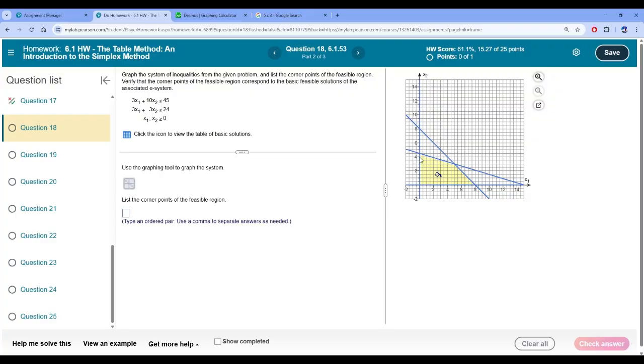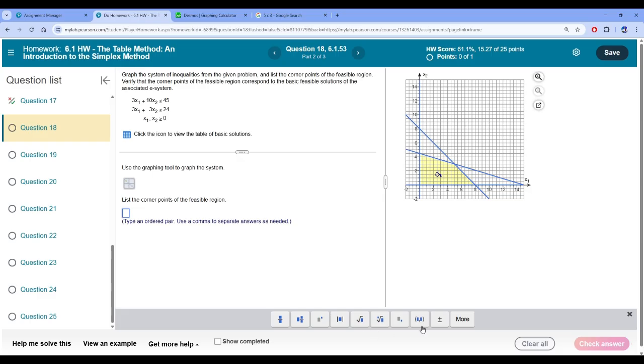List the corner points. So there's 1, 2, 3, 4. So the easy one, last one is (0, 0). Then we have (0, 4.5).